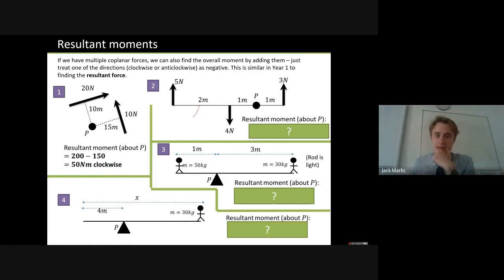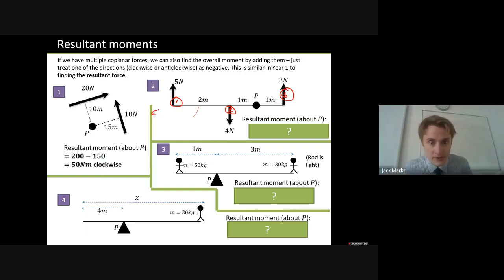Let's have a look at this one here. It looks a little bit different. It looks more like a balance, which we're going to be doing a lot of in a minute. What we need to do here is 1, 2, 3. We need to make sure that with each force, we look at it, we think carefully what the moment is, and then overall what happens. So let's start with number 1. If you are to the left and it's up, that is clockwise.